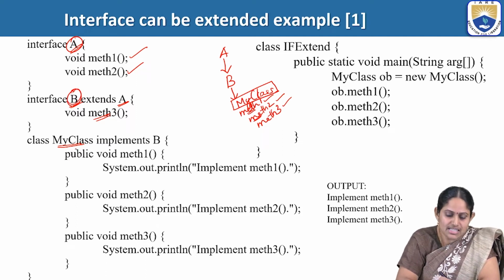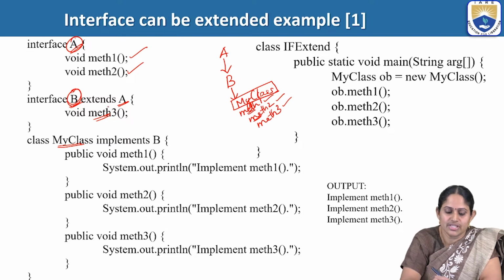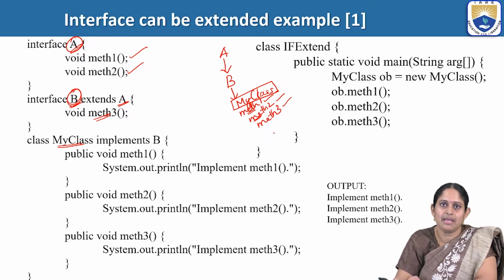So this class, MyClass, has to provide a body for all the methods which it has obtained from the interfaces. Since interface inheritance is happening here, all the abstract methods available should be given some implementation.